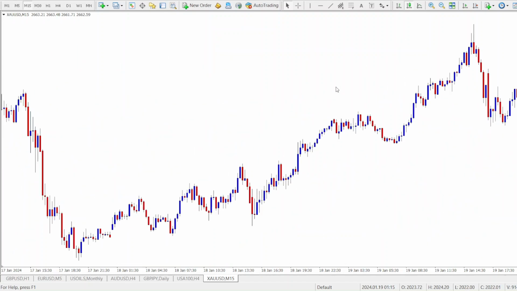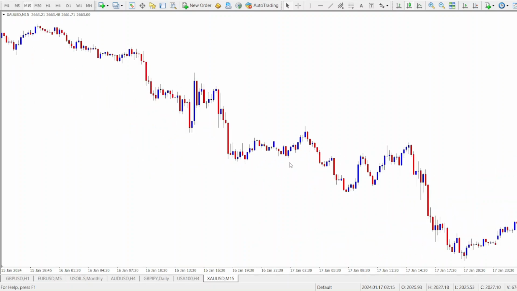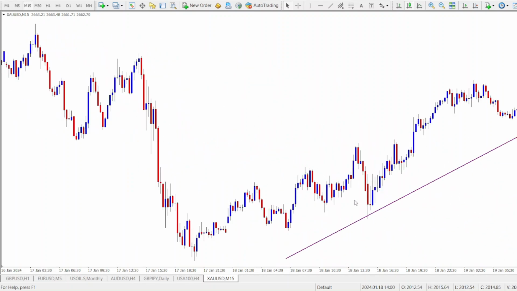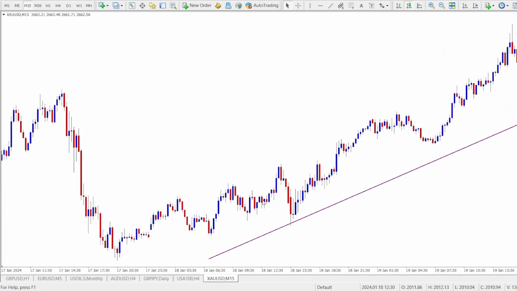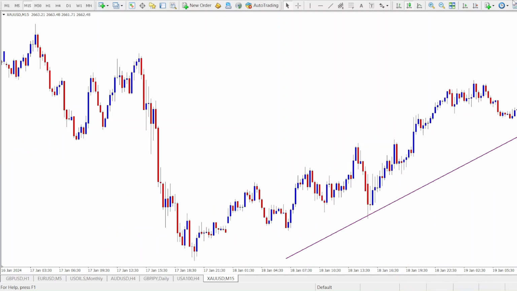let's look for a very good example. You can see we have a bullish trend here. Let us work with this, or even this. Let us start from the first move.